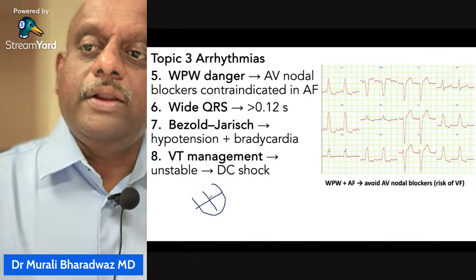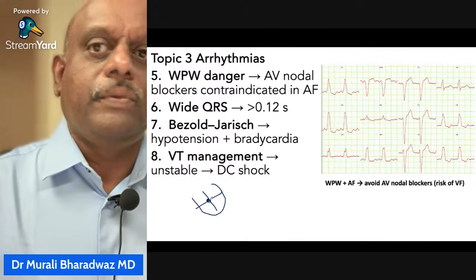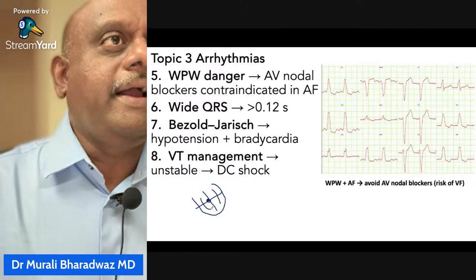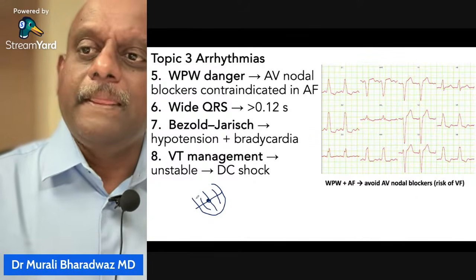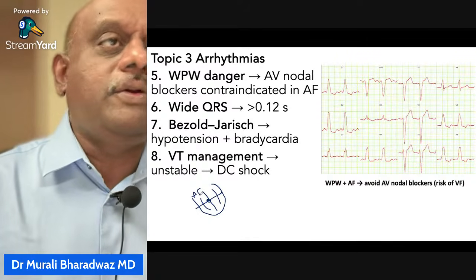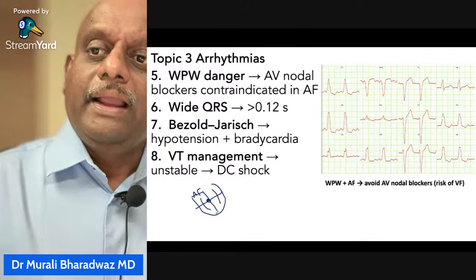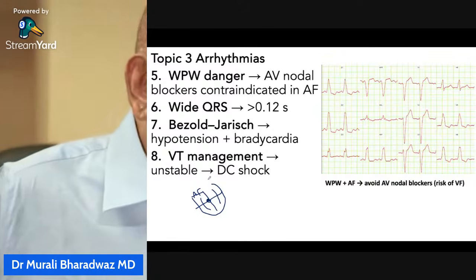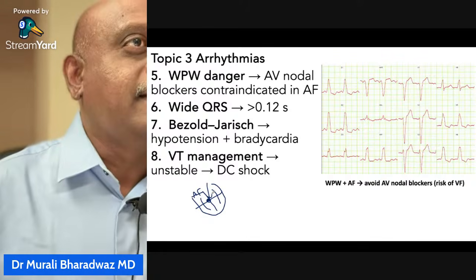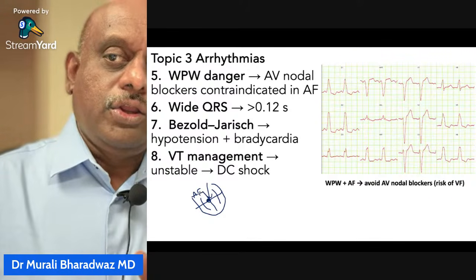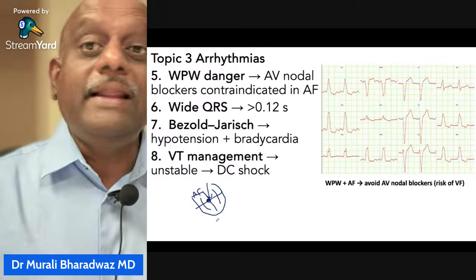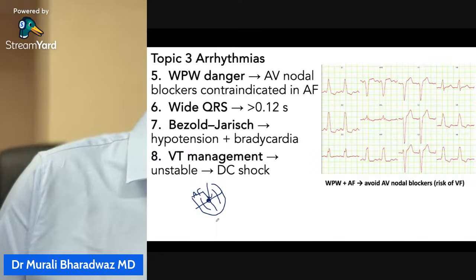Here you have the AV node, and there is a direct connection between atria and ventricle. Now there is AF in this patient of WPW, let us say. If you happen to give digoxin, as you would for regular AF, then you are encouraging the transmission through the re-entry pathway, and that will worsen the ventricular fibrillation.